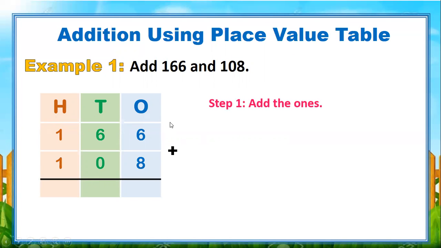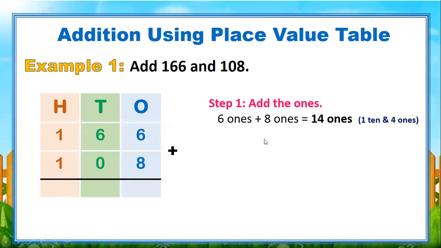If we are adding numbers, we need to start from the right going to the left. The first step is to add the digits in the ones place. So 6 plus 8, or 6 ones plus 8 ones is equal to 14 ones.